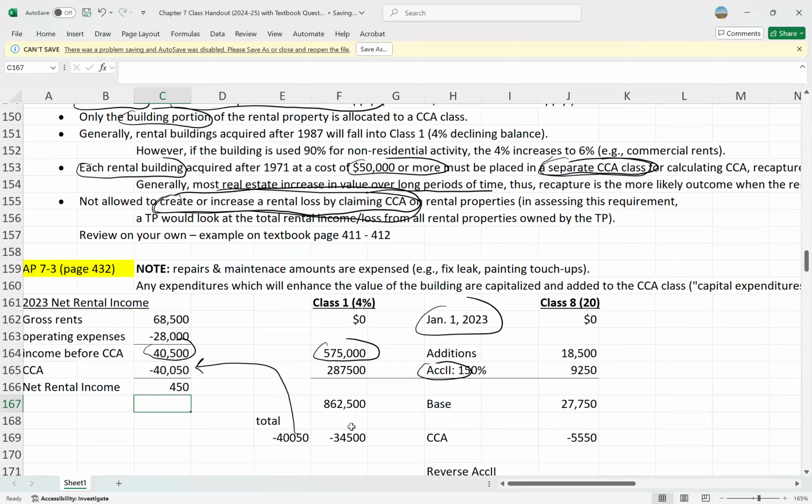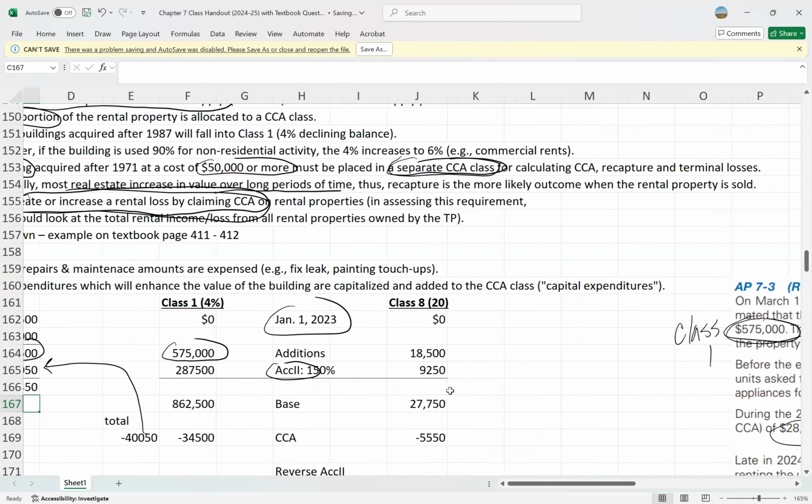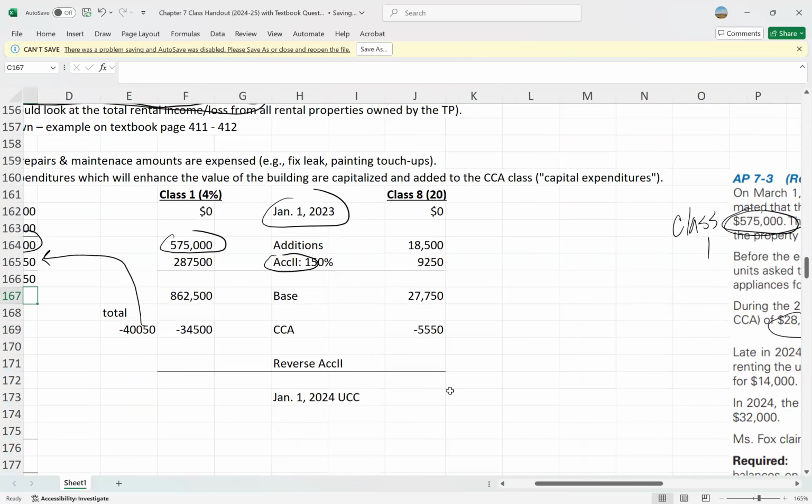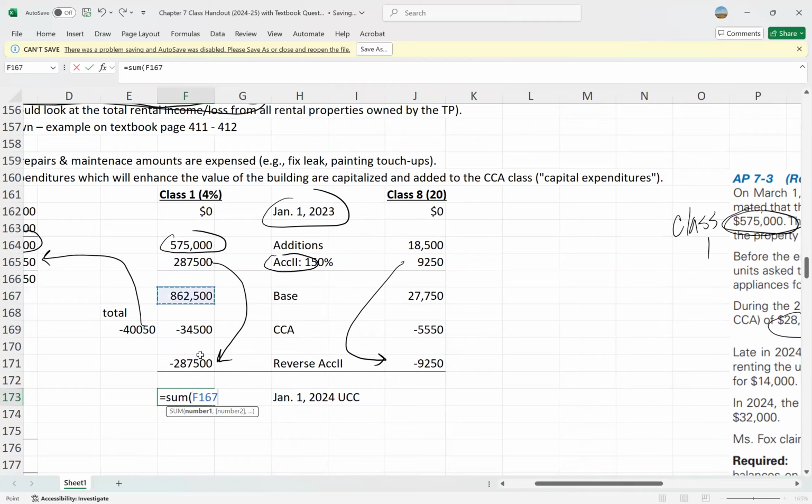Now, just to finish off the CCA tables down here, we did the CCA calculation, but remember this 50% that we added, that was only done for calculating the CCA in that first year. So now we have to reverse it. So now we got to take it out. And the balance going into next year for the building and also for the furniture.